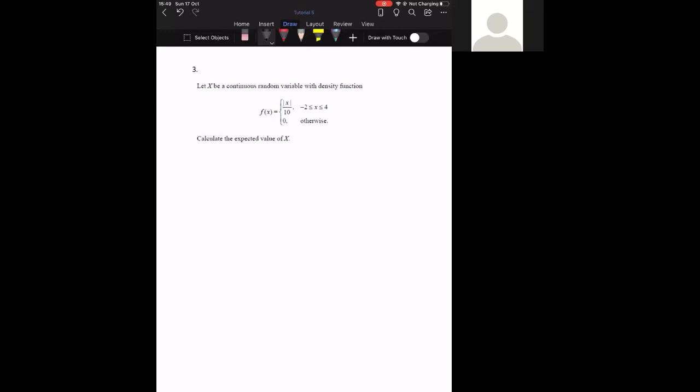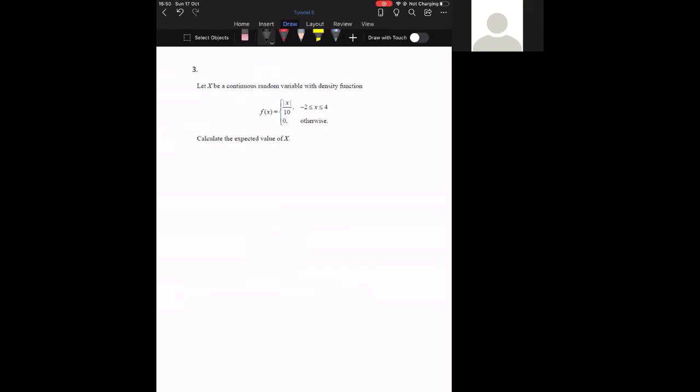We want to find the expected value of X. We're given an absolute value of x in the function, so we'll have to split our integral into two parts. We know that x is negative for values between -2 and 0, and positive for values between 0 and 4. So we can just split our limits and split the integrals, then sum it up.